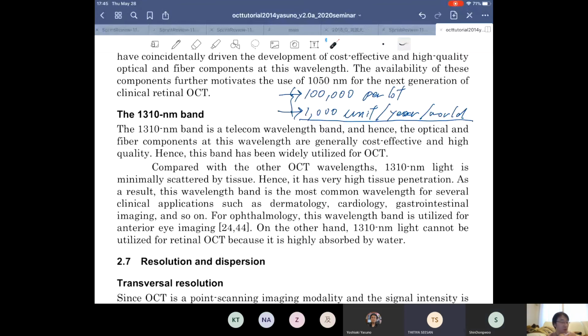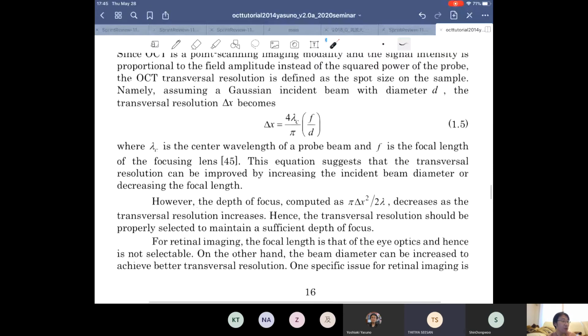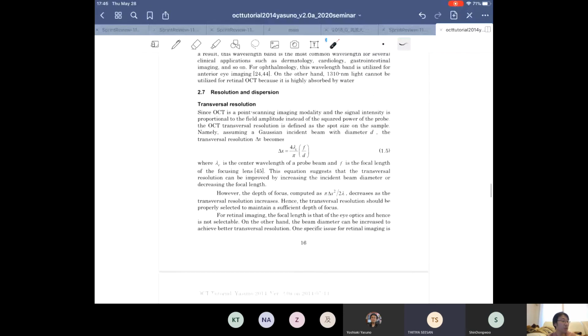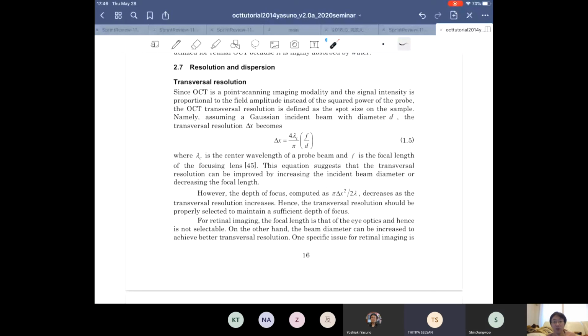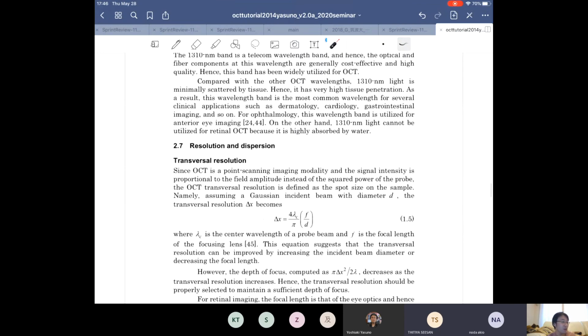Okay, that was what we planned for today, but we have a little more time. Noda-kun, was it 2.7? Can you do it a bit? Haven't you prepared? Oh, sorry, I haven't yet. Okay, it's not a problem.